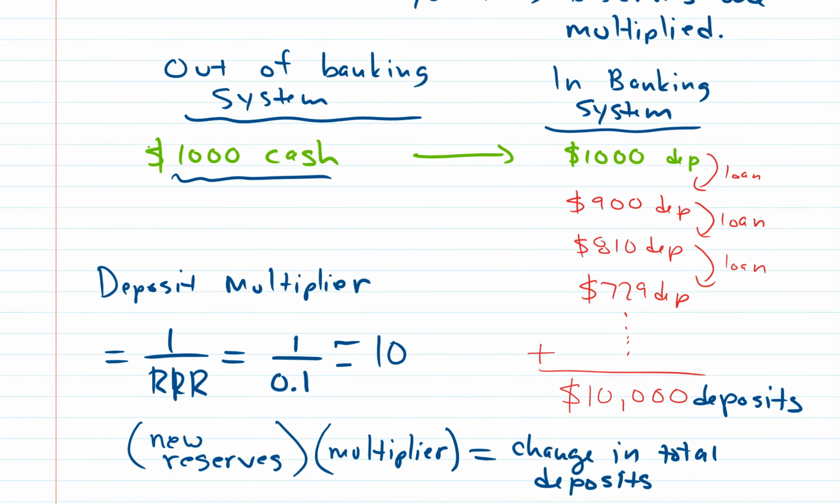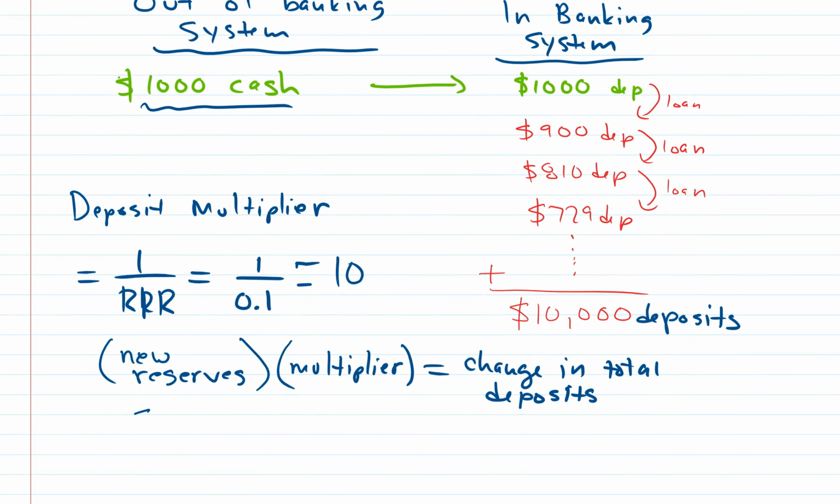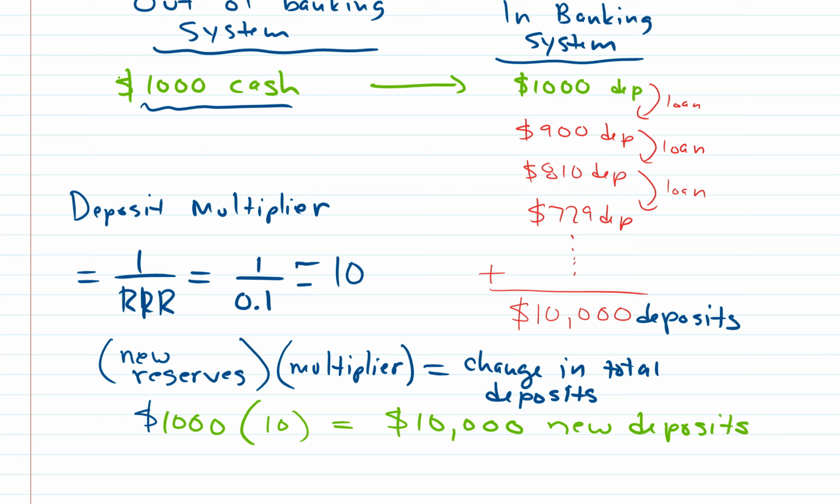For example, in this problem, $1,000 was put into the system, and our multiplier is 10, because they only have to keep 10%, so it can be multiplied 10 times. That would predict that at the most we could create $10,000 in deposits. If we put $1,000 into the banking system, it creates $10,000 in deposits.